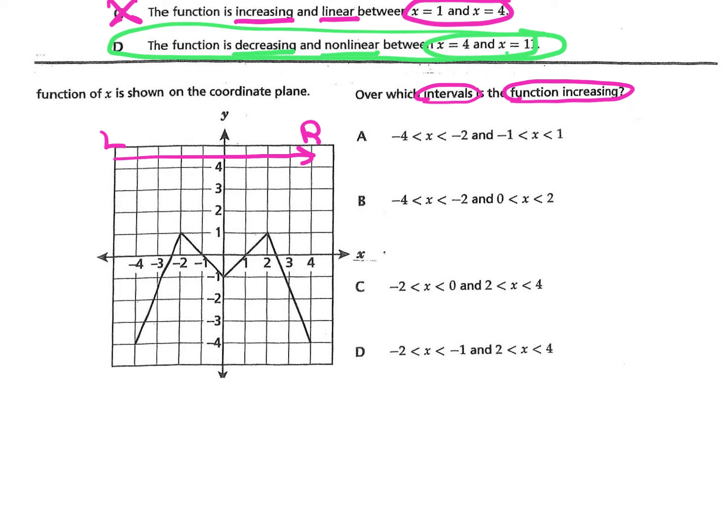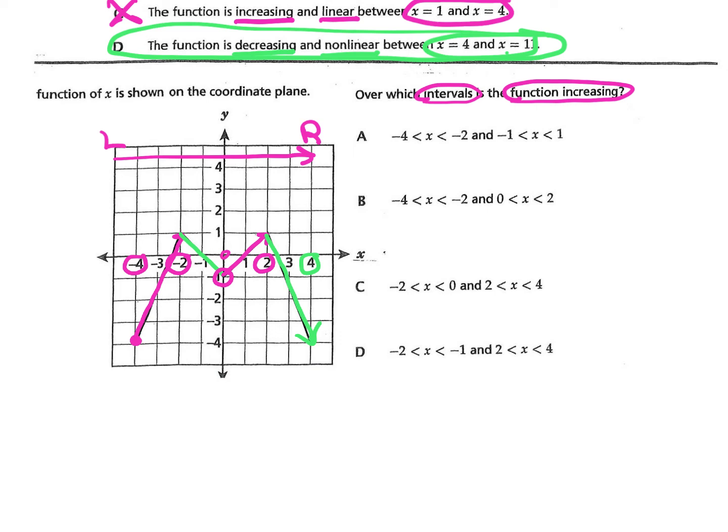So as you read this, starting here, it is definitely increasing from -4 to -2. The next section decreases, but from 0 here to +2, it increases again. And then lastly, from 2 to 4, it decreases.